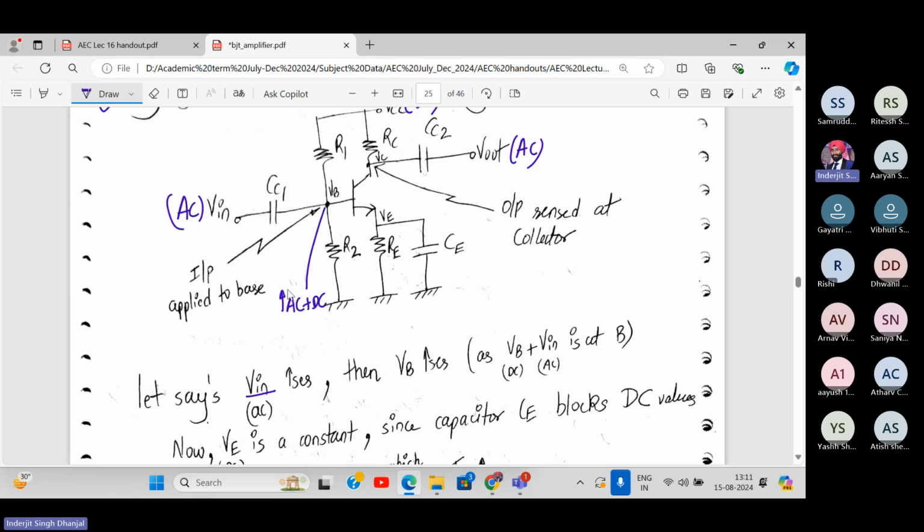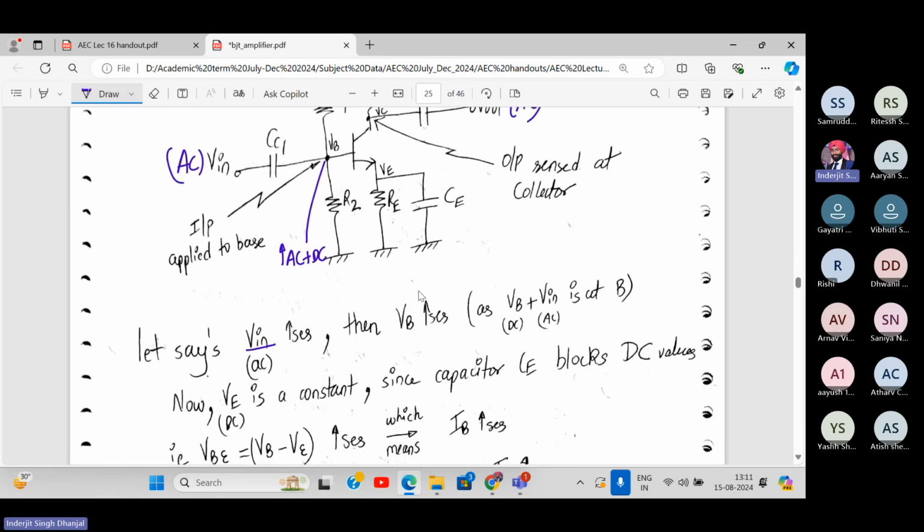As VE is a constant DC, because here AC goes to the ground, the emitter voltage is constant since the capacitor blocks DC values.